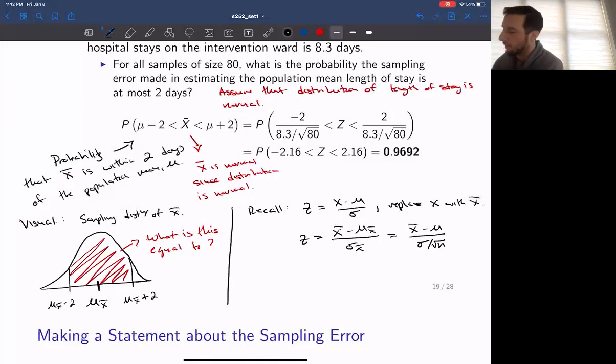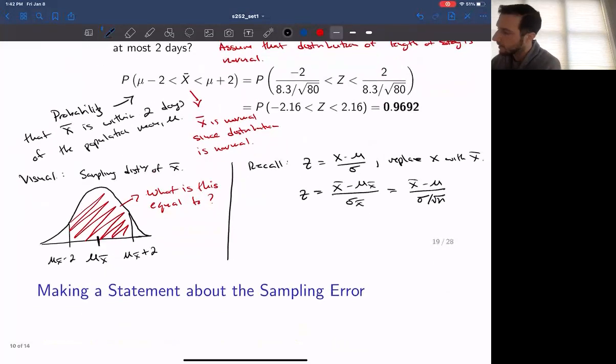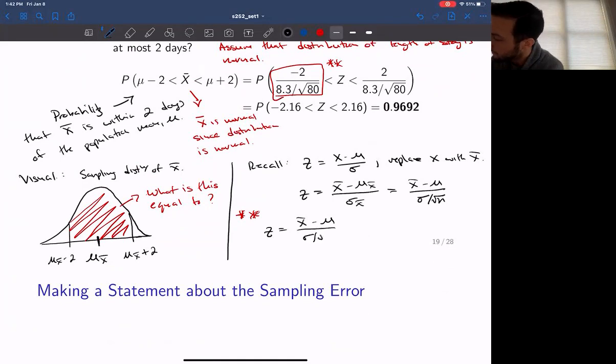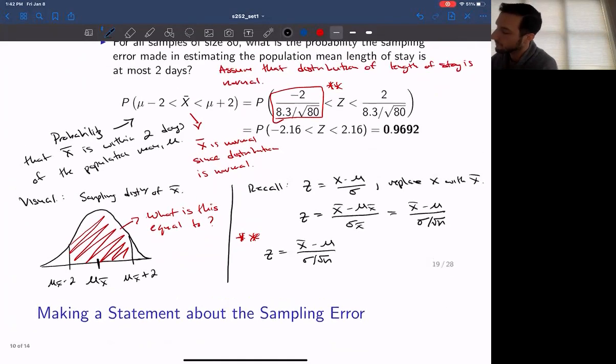All right, so in the above statement, what's happening here? For example, if we consider this expression, we have z is equal to x bar minus mu over sigma divided by the square root of n.